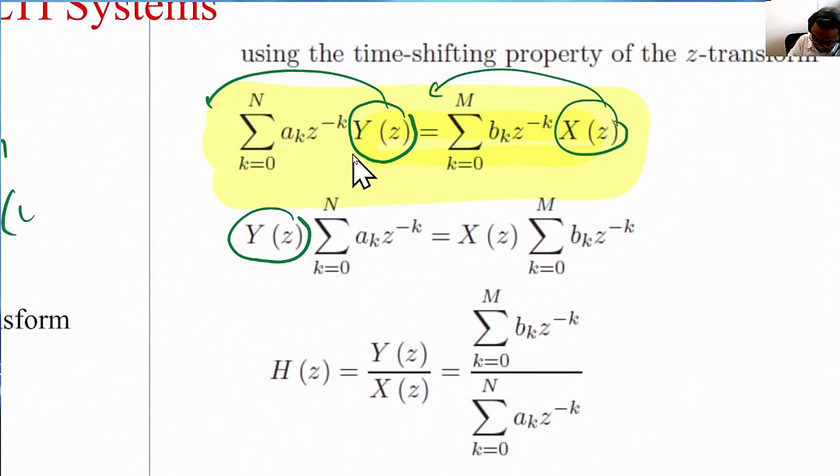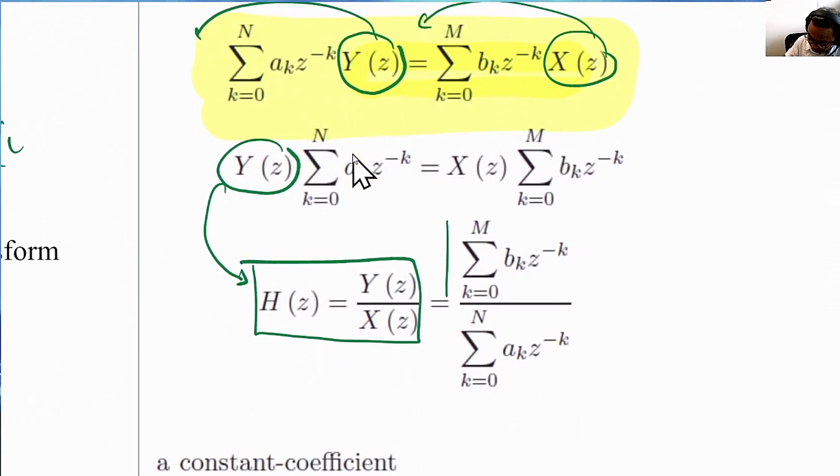and we are going to figure out that H of z equals Y of z over X of z is simply the constant coefficients times the power of z associated with the index at its negative power, divided by the same coefficients multiplied by z at the negative power.